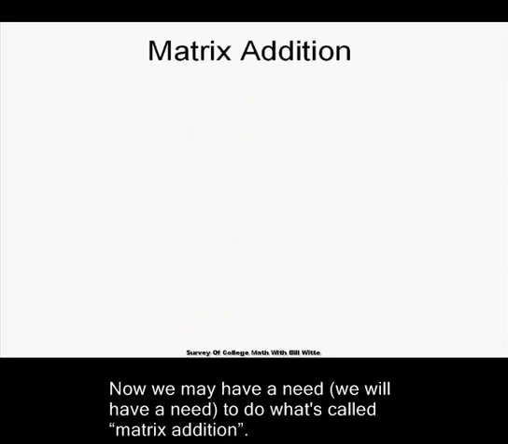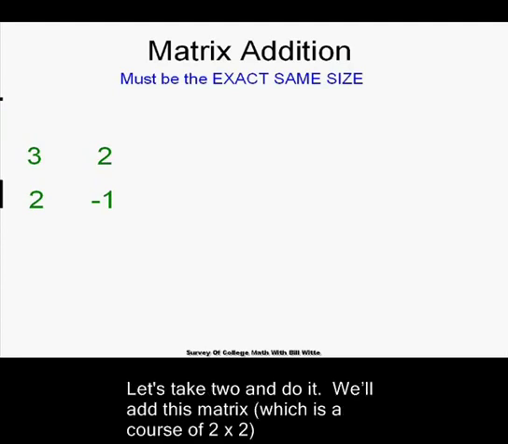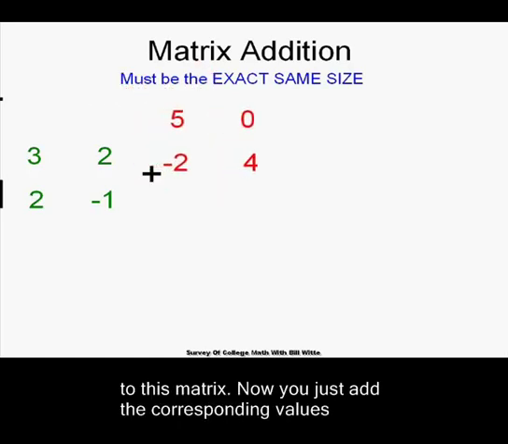Now, we will have a need to do what's called matrix addition. Whoa! You're only going to be able to do matrix addition if the 2 matrices are the exact same size. So let's take 2. We'll add this matrix, which is of course a 2 by 2, to this matrix. Now what am I going to do? Well, I'll show you.